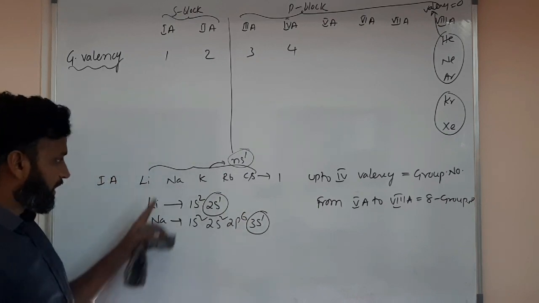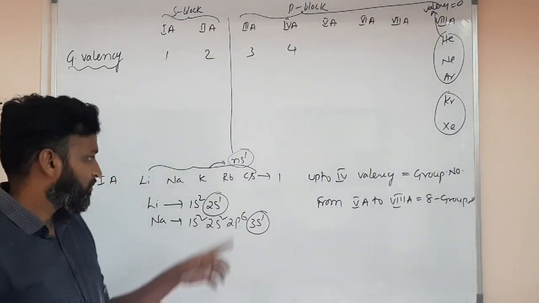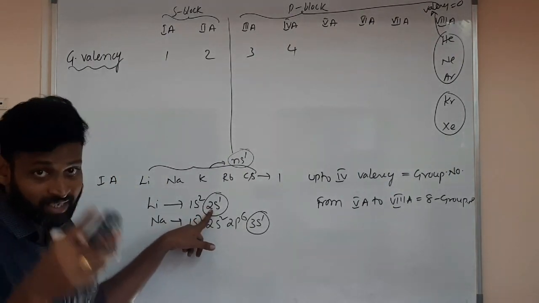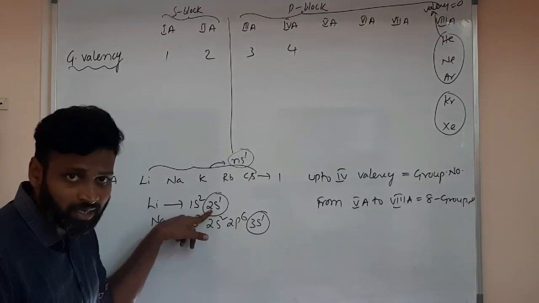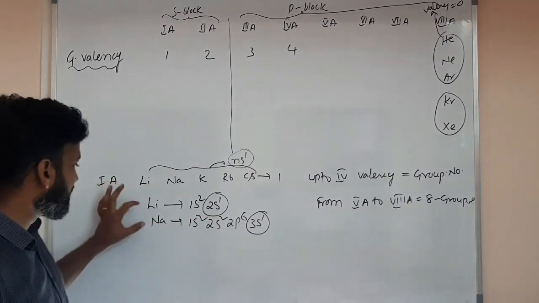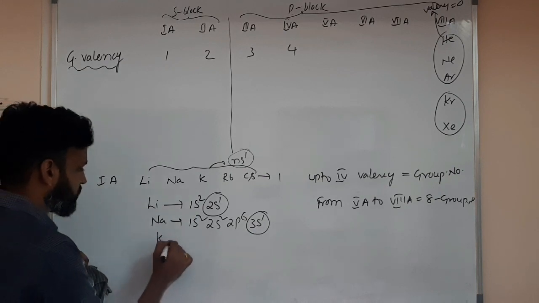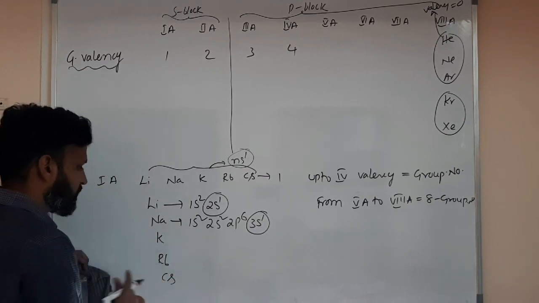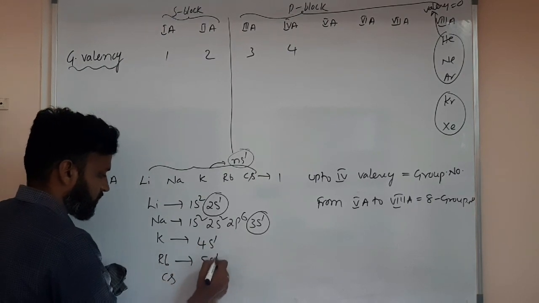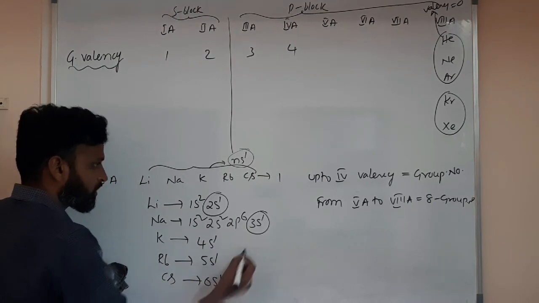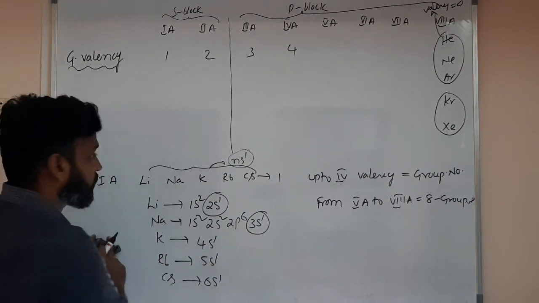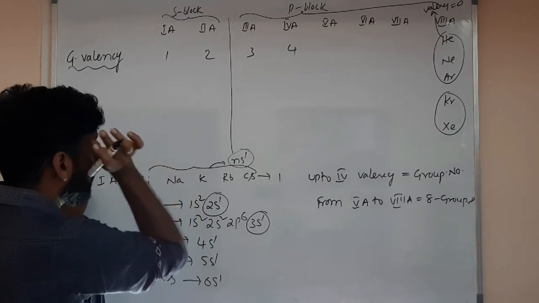Potassium 4s1, rubidium 5s1, cesium 6s1. The highest principal quantum number is called the period number, I told you. So how many bonds can these form, sir? One bond only. So please note it down.